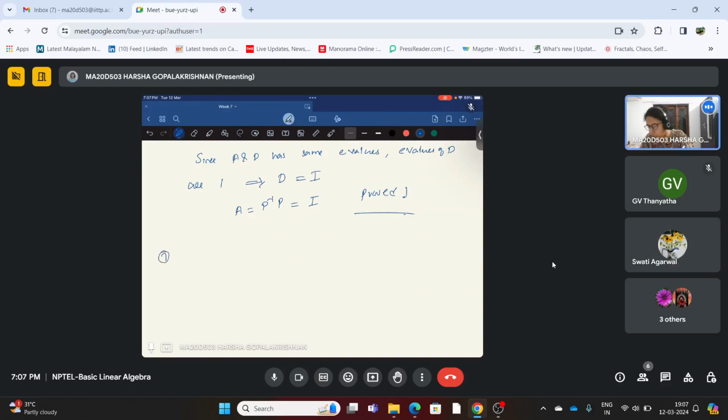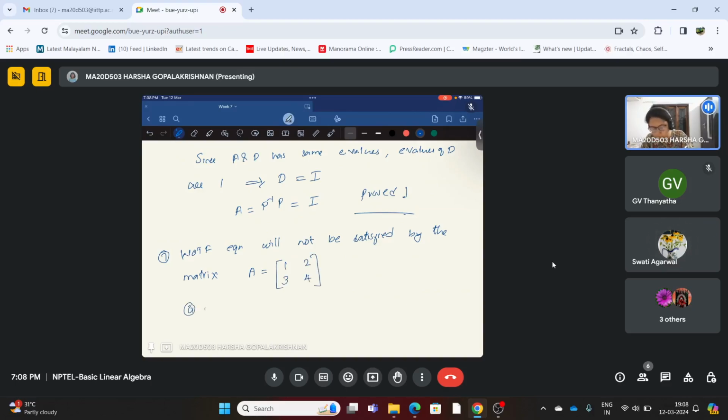Now the next question is: which of the following equations will not be satisfied by the matrix A equal to [1, 2; 3, 4]?